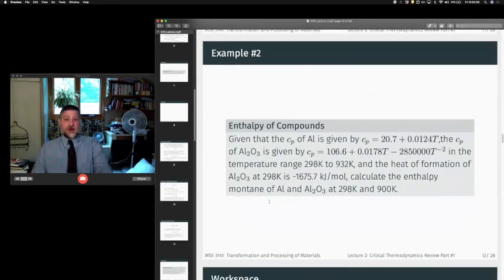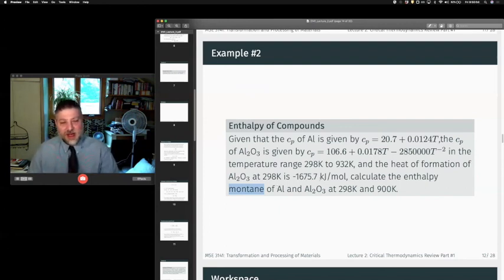Okay, so then I wanted to use this for another example where we look at calculating the enthalpy. Oh, I hate autocorrect. You know how many times I look at these notes before I post them? And I never can find any typos or errors.